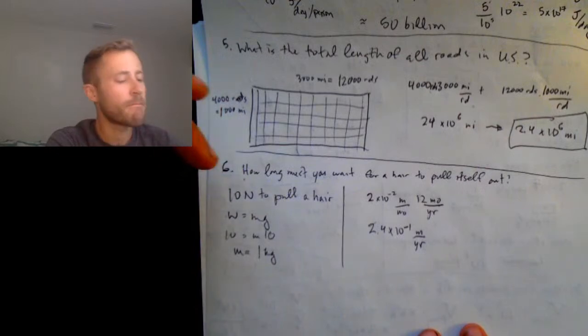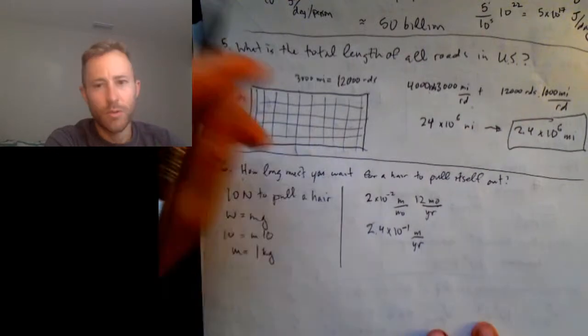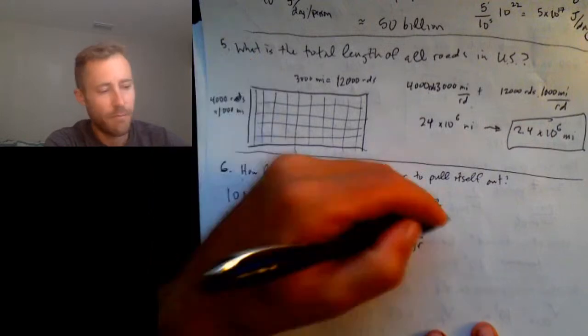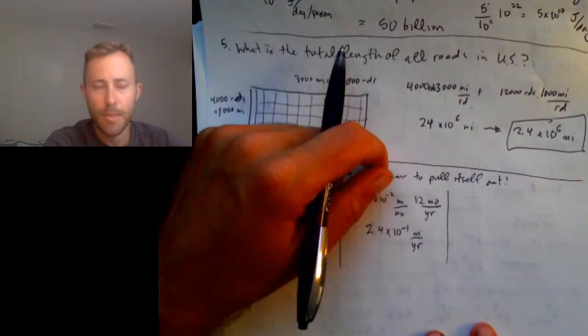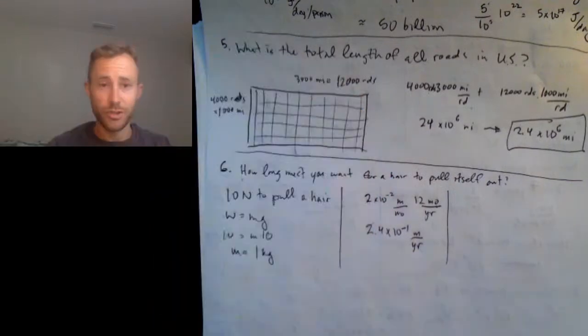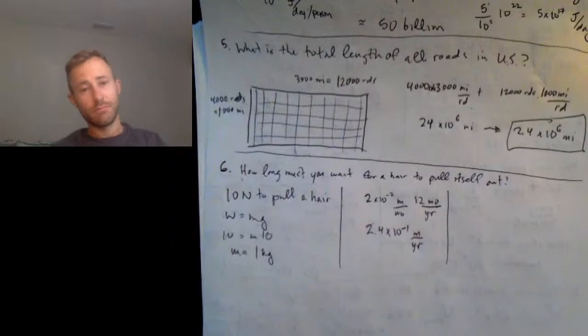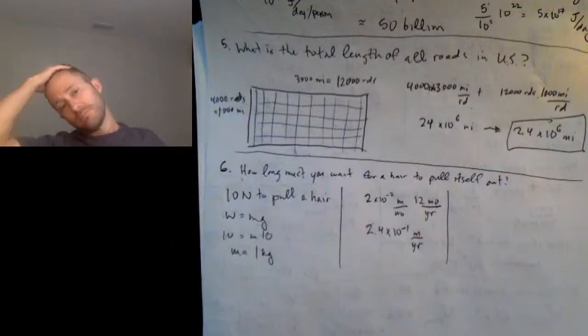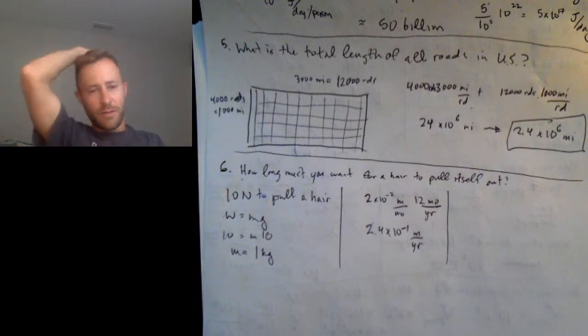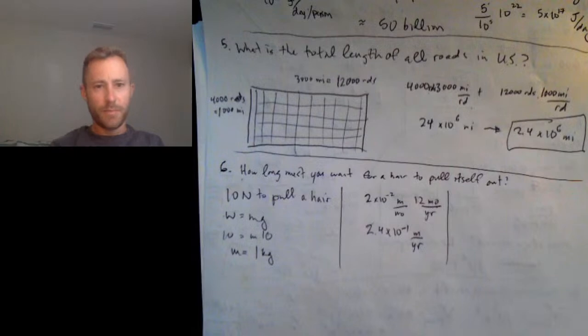Okay? Now we've got to figure out, well, how much does hair weigh? I don't know. Has anyone shaved their head before? I have, or I cut my own hair. So I have some idea of if I cut off a lot of hair, how much does hair weigh? All right.